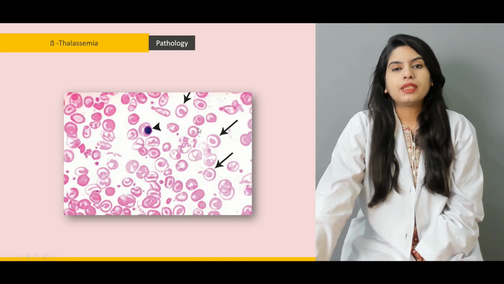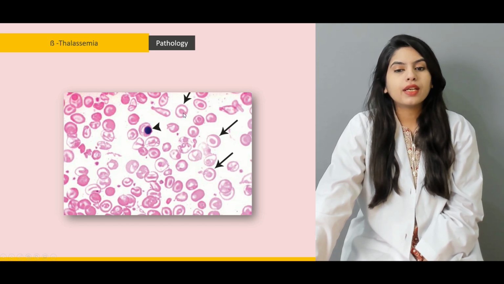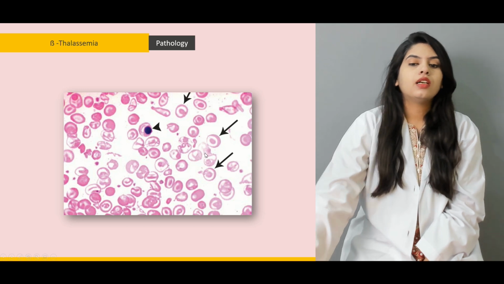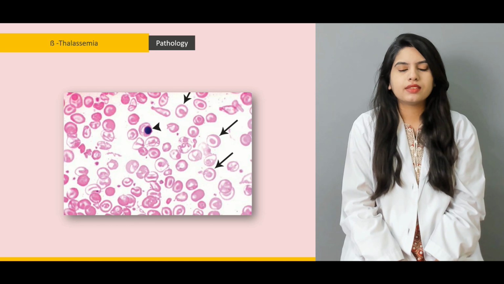In beta thalassemia, the red blood cells that are produced will be hypochromic and microcytic, and the shape of these red blood cells will also be different from normal red blood cells. So basically, these characteristics will make them different from normal red blood cells.